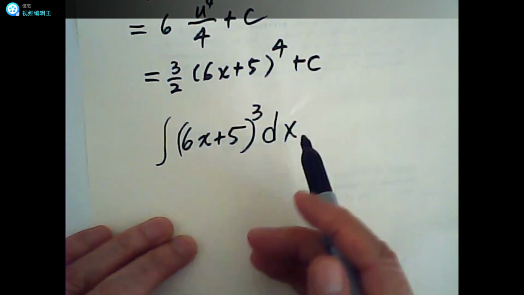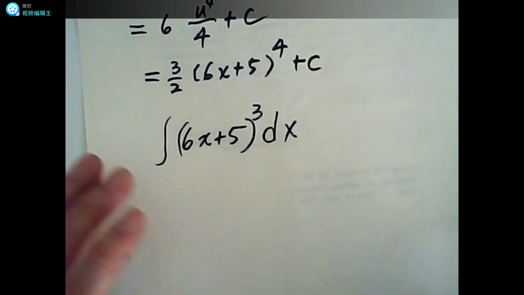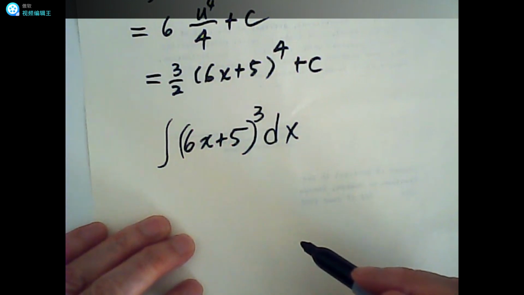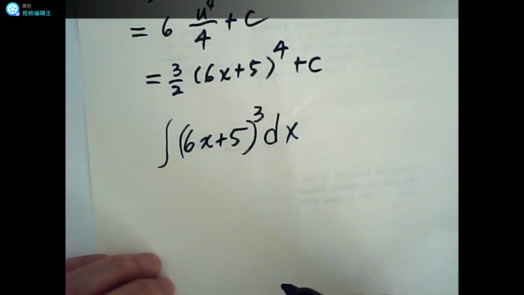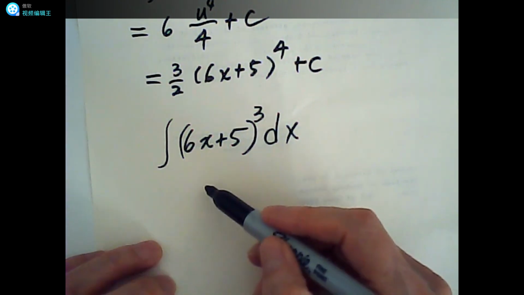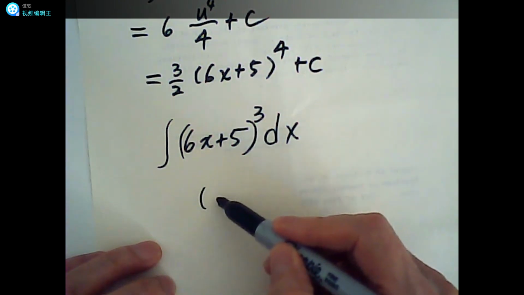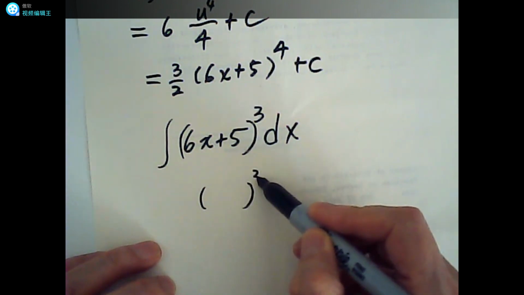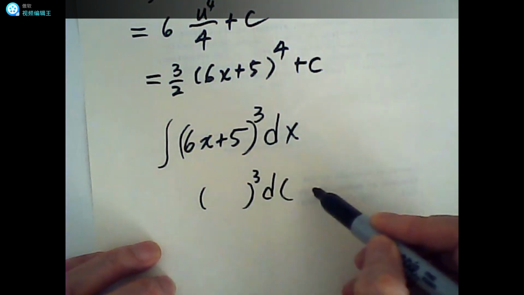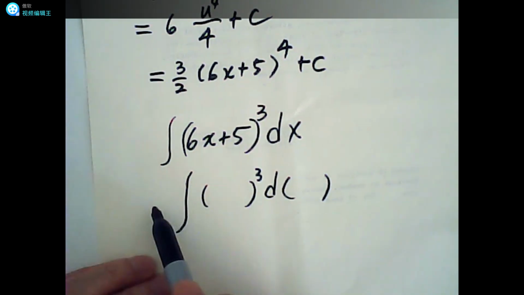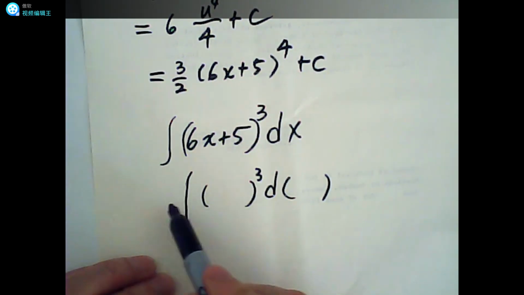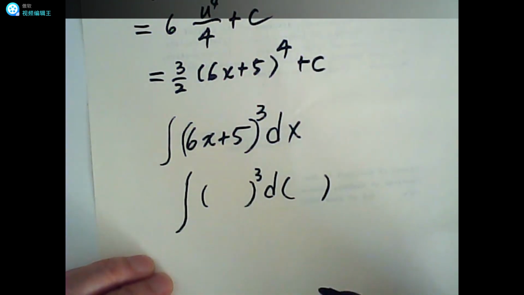From the first look at this one, we know that this integral is using the power formula, right? We are using something cubed d something. Now, since I'm not writing the equal sign, I can write anything.